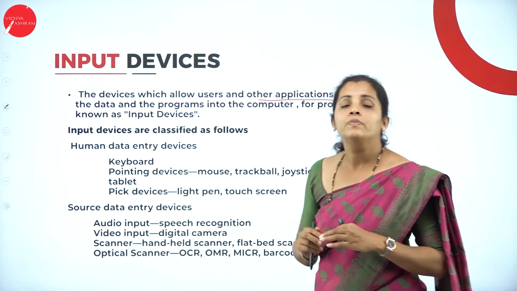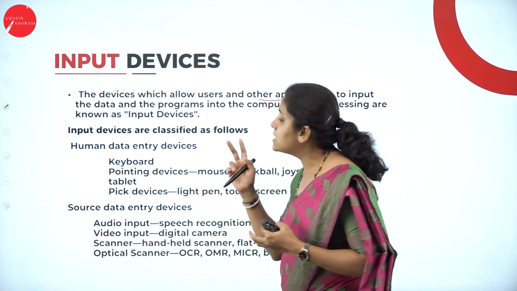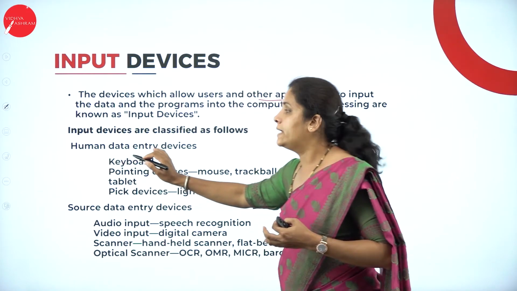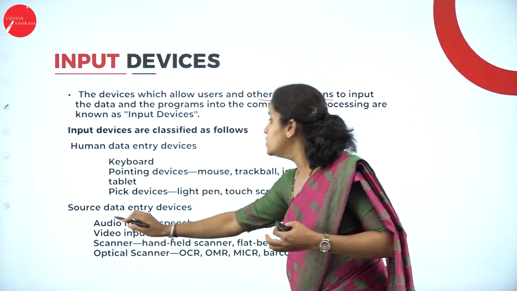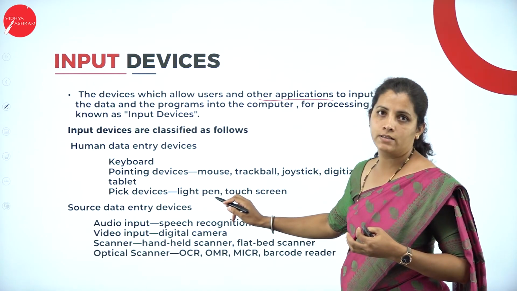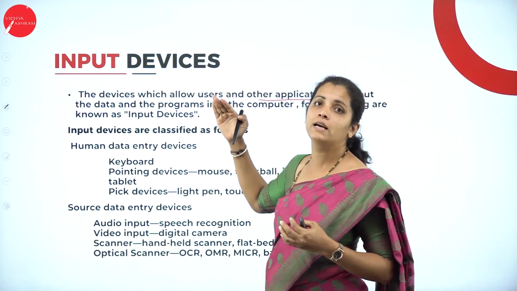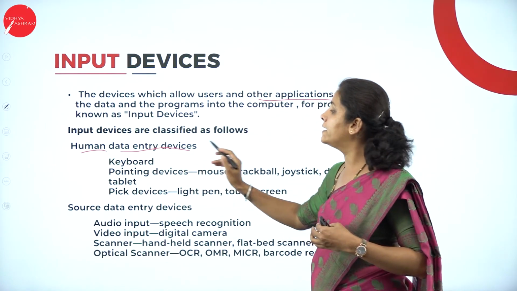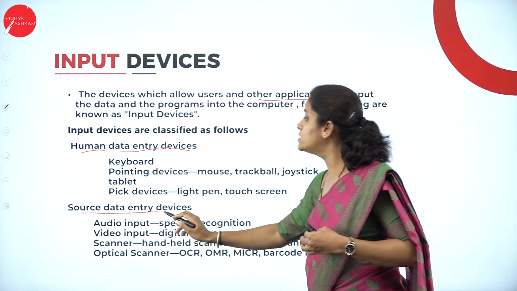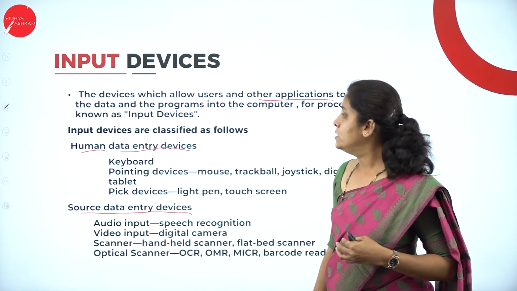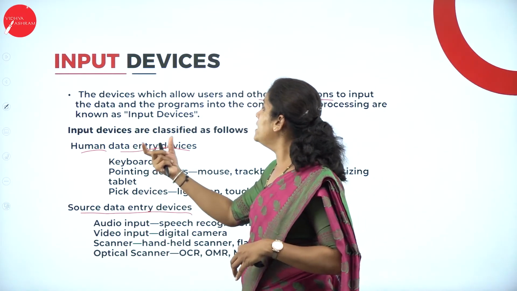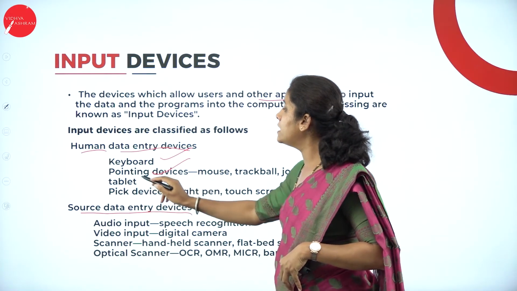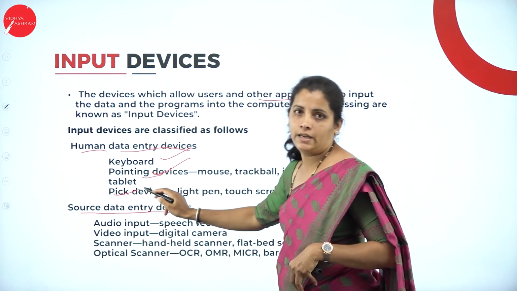Here input devices are classified into two types, that is human data entry device and source data entry device. In the human data entry device, we are going to get keyboard, pointing device, tablet and pick device.